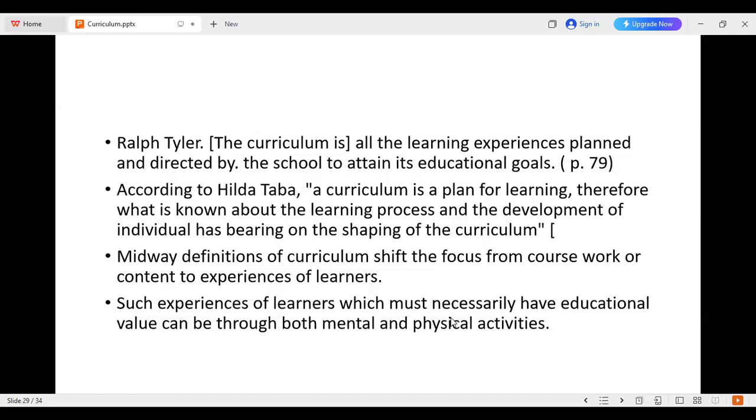The experience that is received by a learner, which must necessarily have educational value, can be through both mental and physical activities. We can compare two persons, one who got education properly, another person not educated.